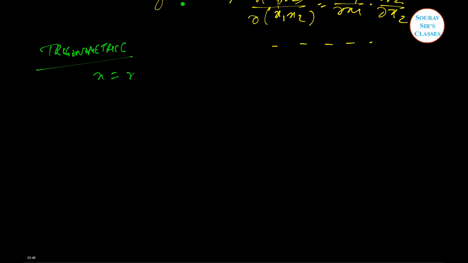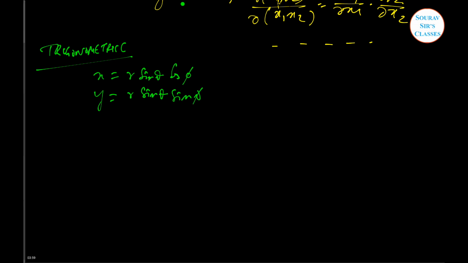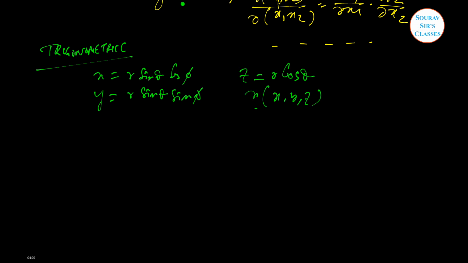So x equal to r sine theta cos phi, y equal to r sine theta sine phi, and z equal to r cos theta. So these are the three things, and obviously you can guess what they can ask you to find out: del of x y z by del of r theta phi. What is this value? There's no change in the process.